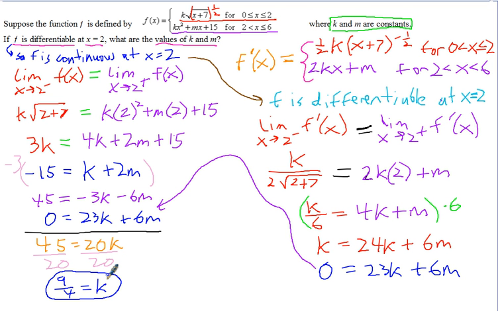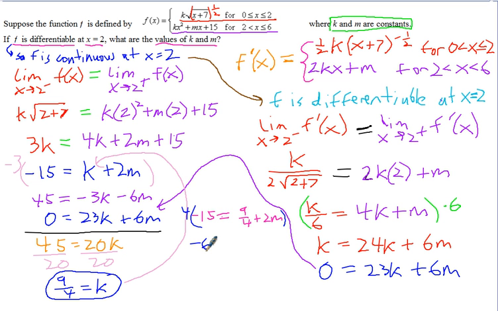And then you can use any of these really to substitute in to solve for m. One place to substitute in would be right here because you don't have to multiply k by anything. So if you substitute right there, you'd have negative 15 equals k, which is 9/4, plus 2m. If you want, you can multiply the whole equation by 4.